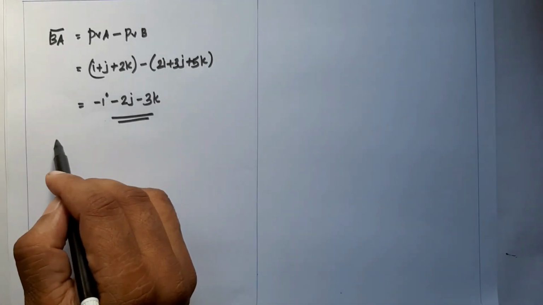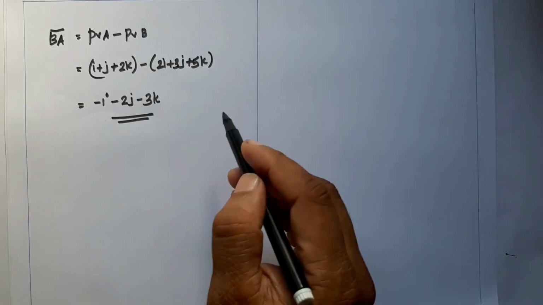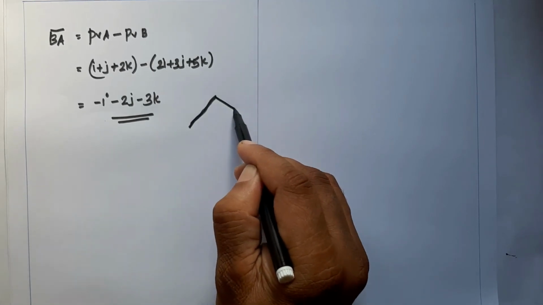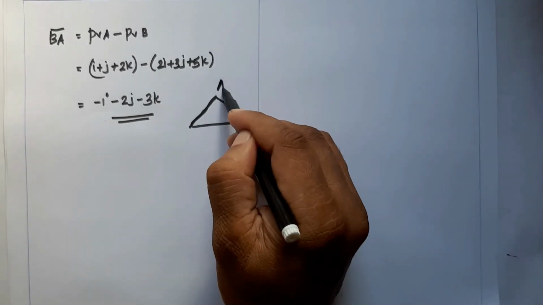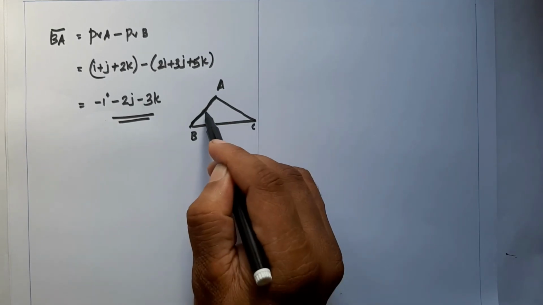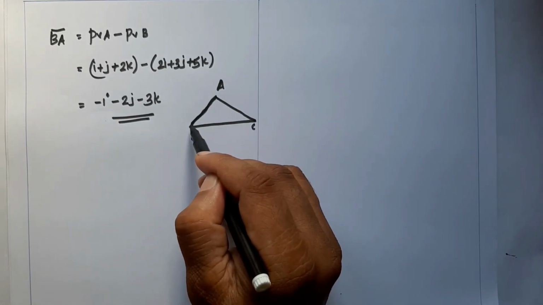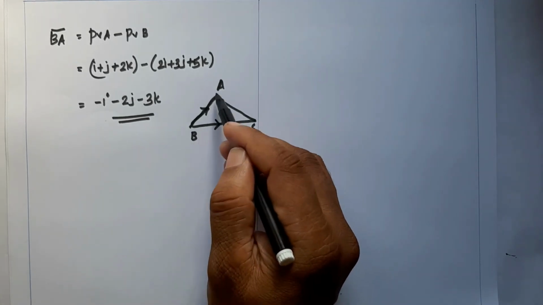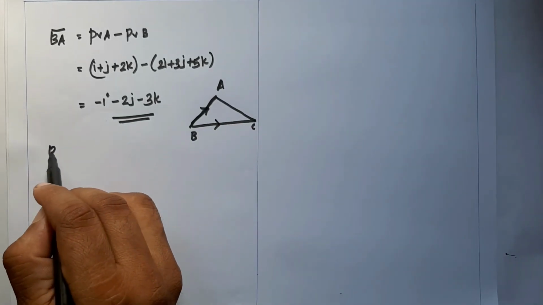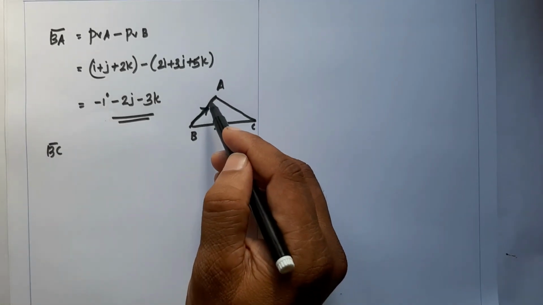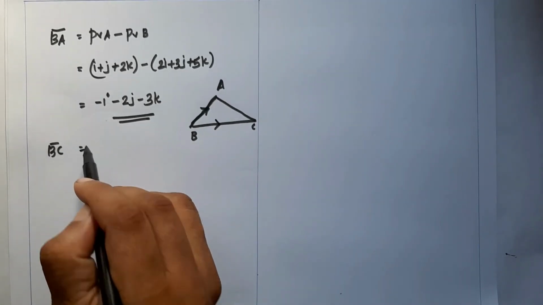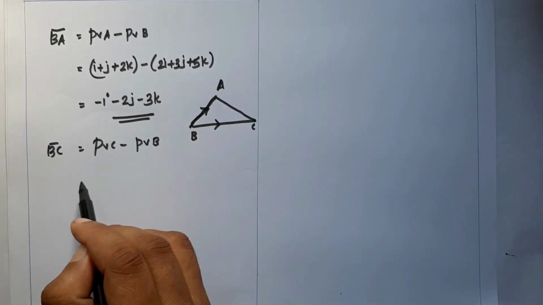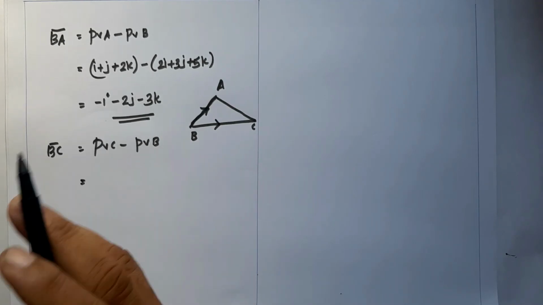Okay. Then we find BC, because here the triangle is formed by A, B, C. Here you take B as the vertex and consider the adjacent sides BA and BC. First of all, we found BA, now we find BC. If you suppose vertex A, consider AB and AC. What is BC? Position vector of C minus position vector of B. How to find BC is already learned in our first video.